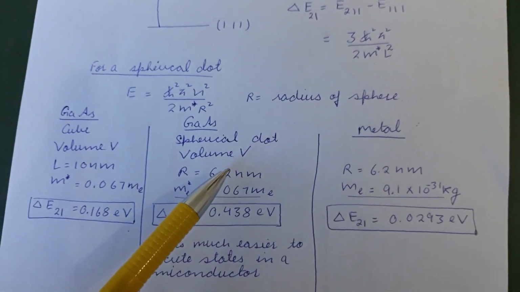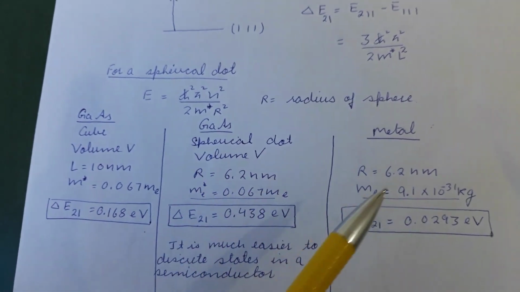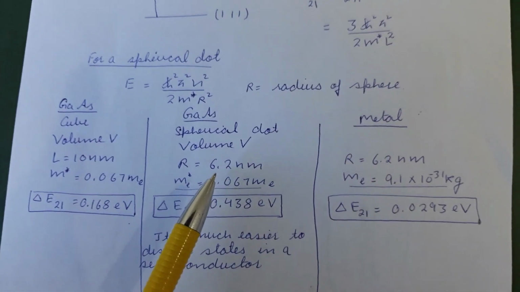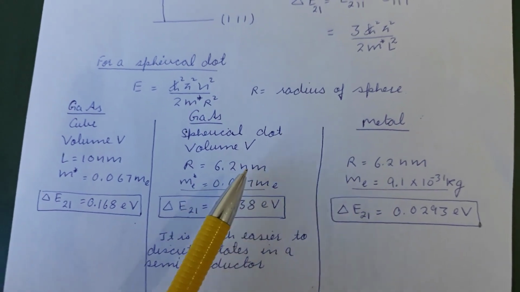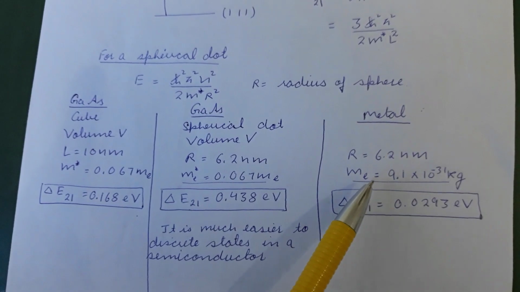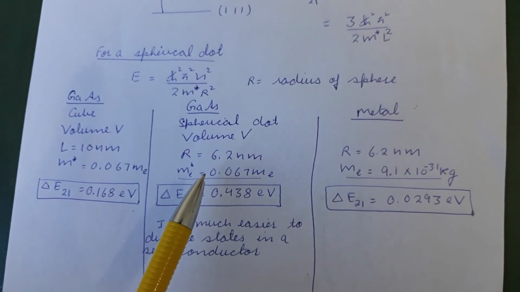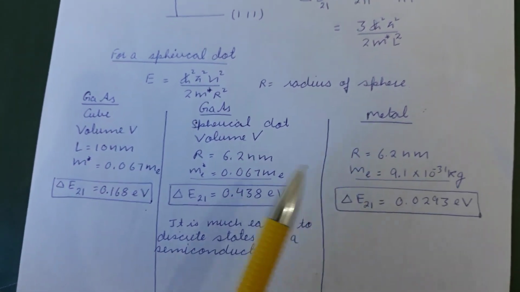Also, when we compare a semiconductor with a metal, if we take a spherical quantum dot of metal and a spherical quantum dot of gallium arsenide, which is a semiconductor, we see that even though they have the same radius, they have drastically different electron masses.